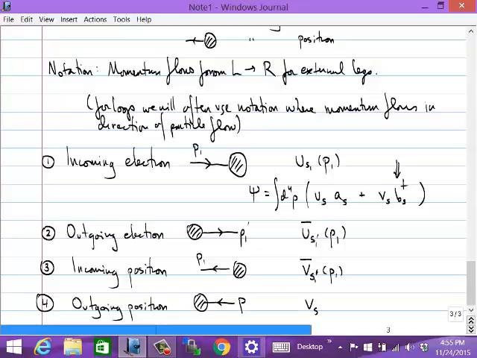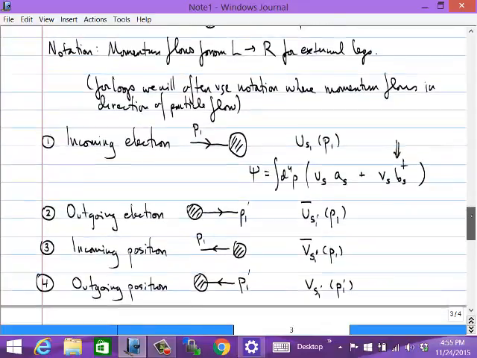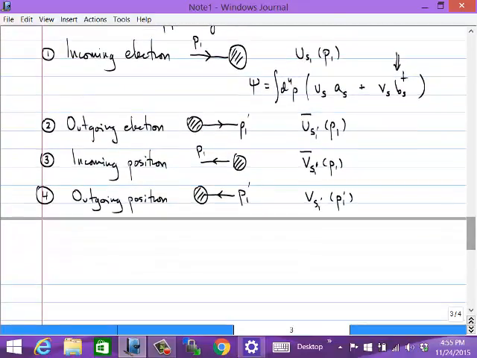So I guess we called P1 prime, say, the momentum of that outgoing positron, and you'll get a V S1 prime of P1 prime. So those are the external leg factors that keep track of the polarizations of the incoming and outgoing electrons and positrons.